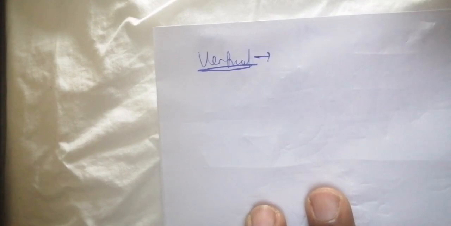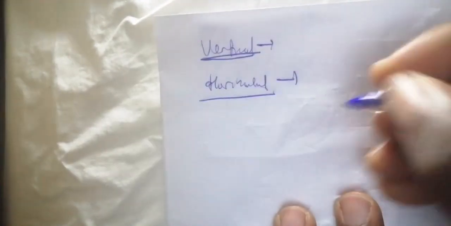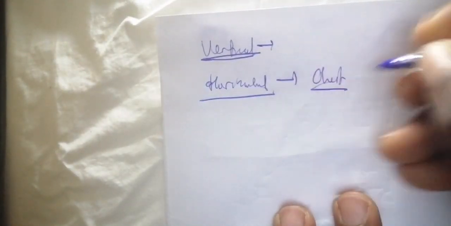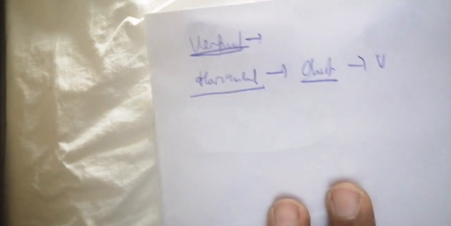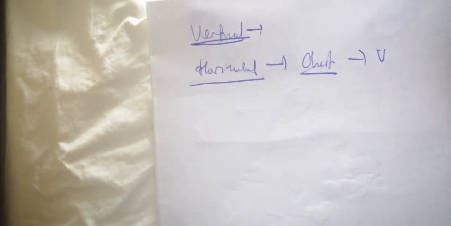Is it clear? Now the cross-sectional or horizontal view is shown by the chest leads, which are V1, V2, V3, V4, V5, and V6, or they can also be called the C's.